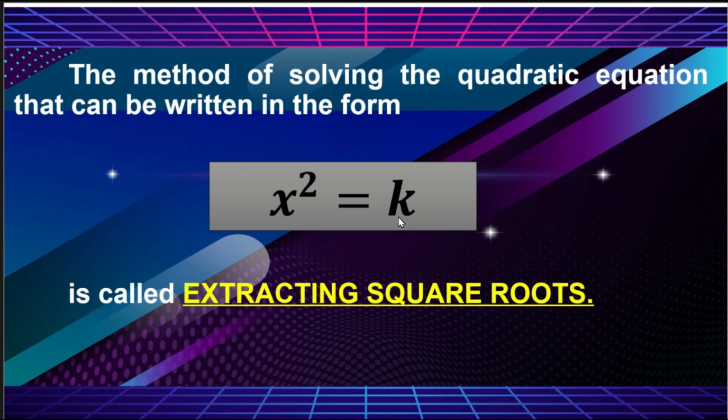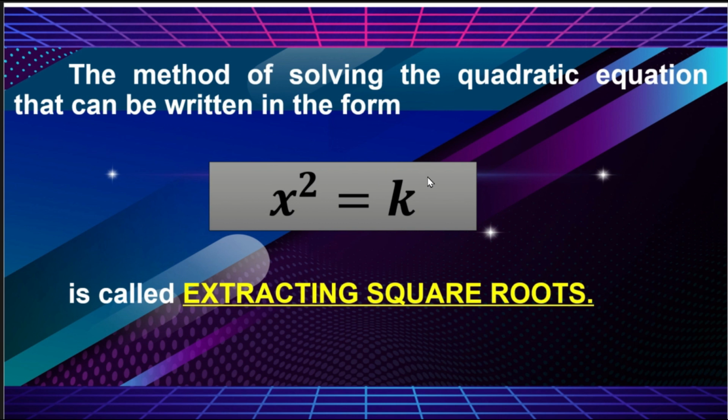Try to differentiate this form to the standard form of the quadratic equation, which is ax squared plus bx plus c is equal to 0. What had you noticed? Yes, the linear term is lacking. As what you can see, this is our quadratic term and this is our constant, and the linear term is lacking.